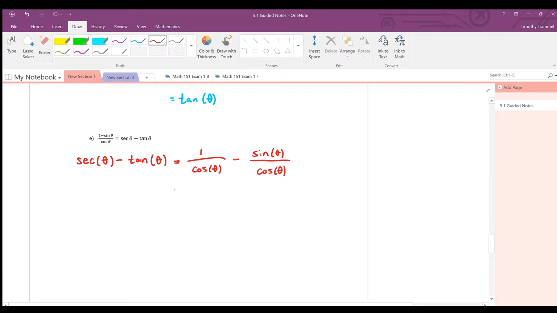Since they have the same denominator, we can just subtract them. So we have 1 minus sine of theta all over cosine of theta. And we're done. Okay. We started with the right-hand side, and we've ended up with the left-hand side.